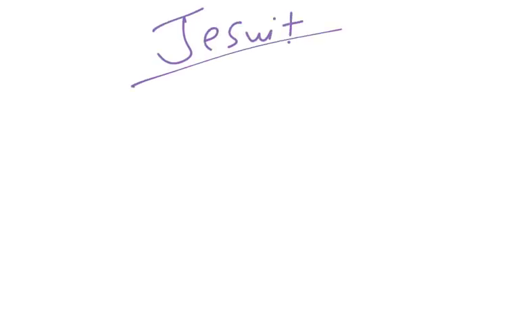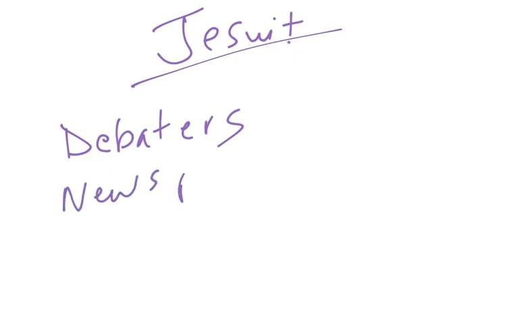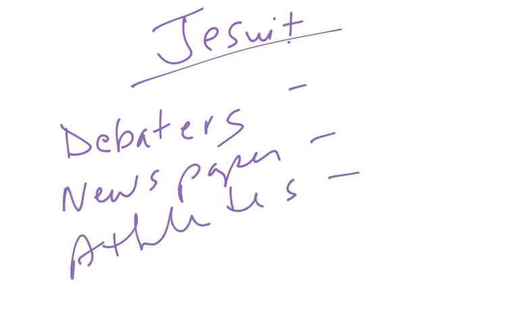Okay? We could also classify Jesuit students in terms of sort of non-academic interests. So we might have debaters, we might have newspaper people, we might have some athletes, and we might have musicians.